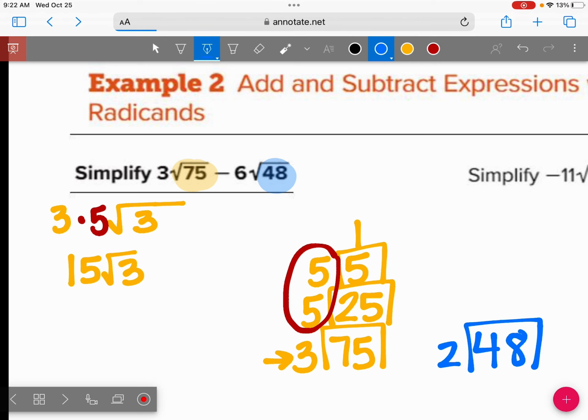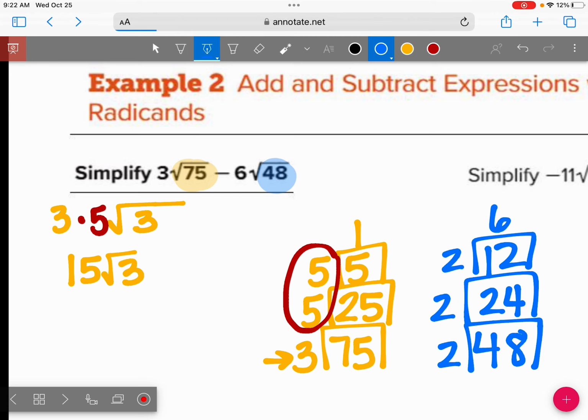So keep dividing it till you get your candle at the top. So 2 goes into 48 24 times. 2 goes into 24 12 times. 2 goes into 12 6 times. 2 goes into 6 3 times.